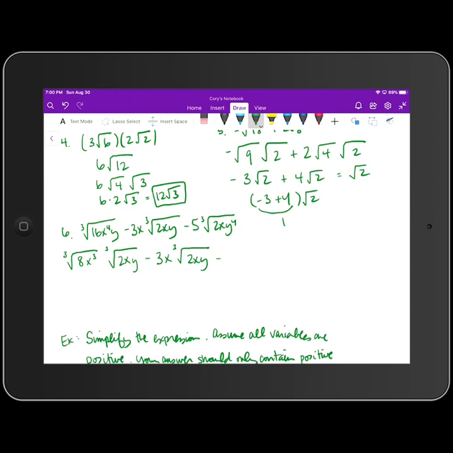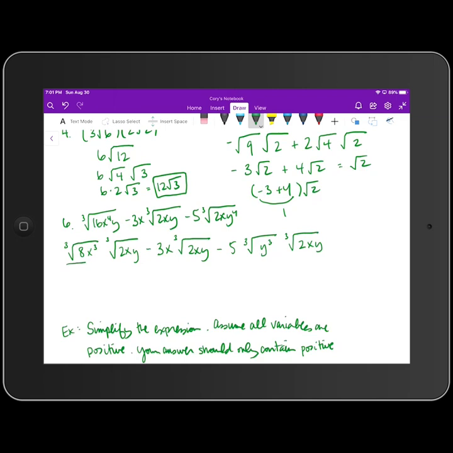Okay, minus 5 times, we can take that last radical. The only perfect cube factor we have in that last radical is I can break y to the fourth power up into y cubed times y. And then our leftover factors there are 2x.